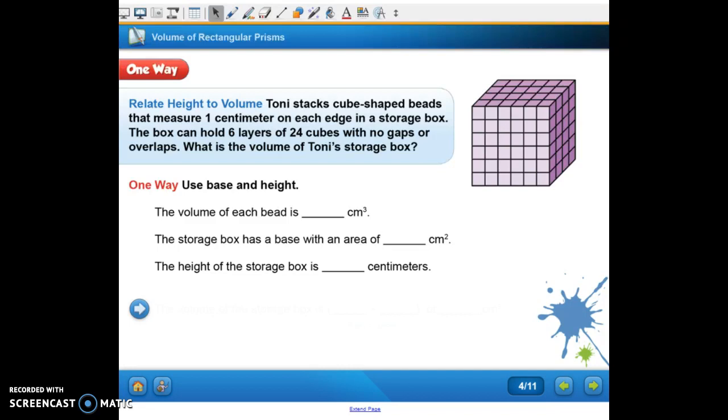What operation can you use to find the area of the base shape? Do we add, subtract, multiply, or divide? Multiplication. That's what you need to write on the second line.